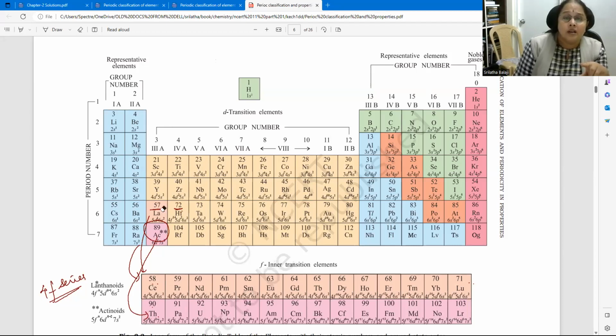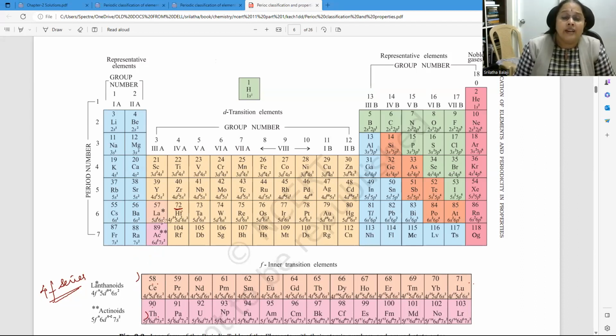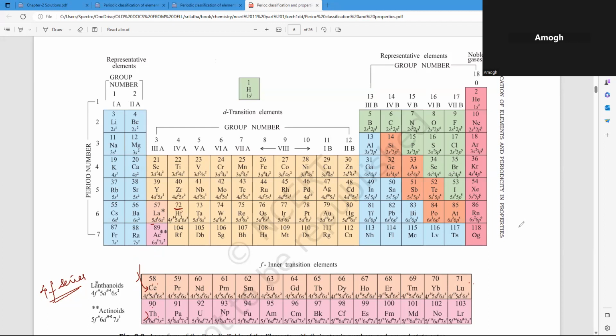What is it? After 5d1, can you observe that the electrons are entering 4f? What is the maximum capacity of 4f? How many electrons can an f subshell accommodate at maximum? 14.